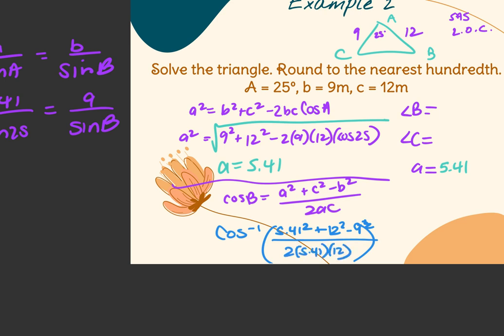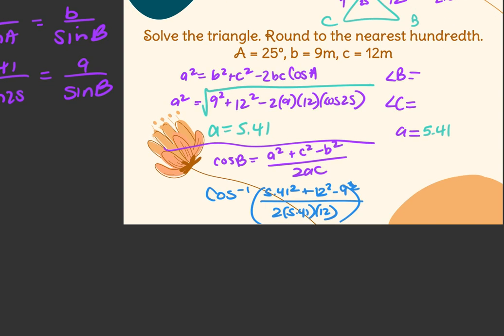So second cosine, 5.41 squared plus 12 squared minus 9 squared, close your parentheses, divided by 2 times 5.41 times 12. And I get angle B, 44.71.